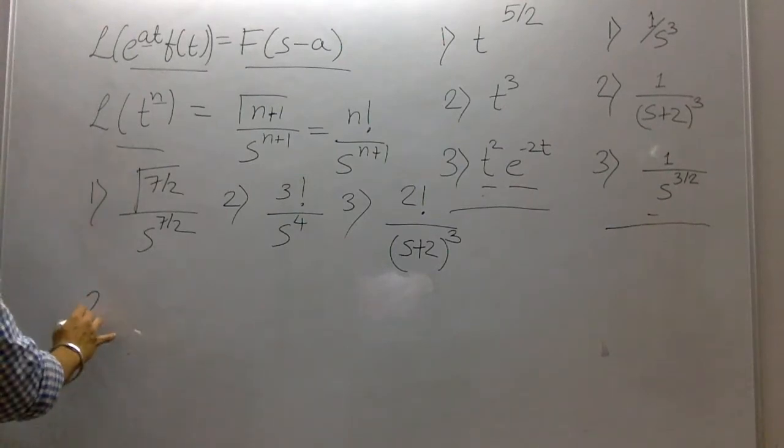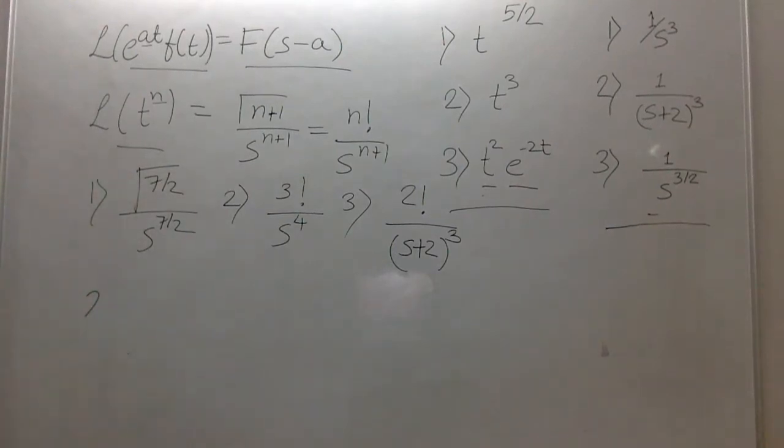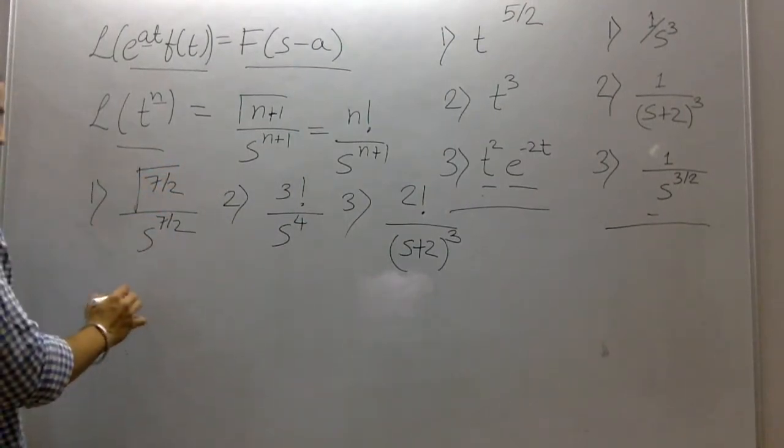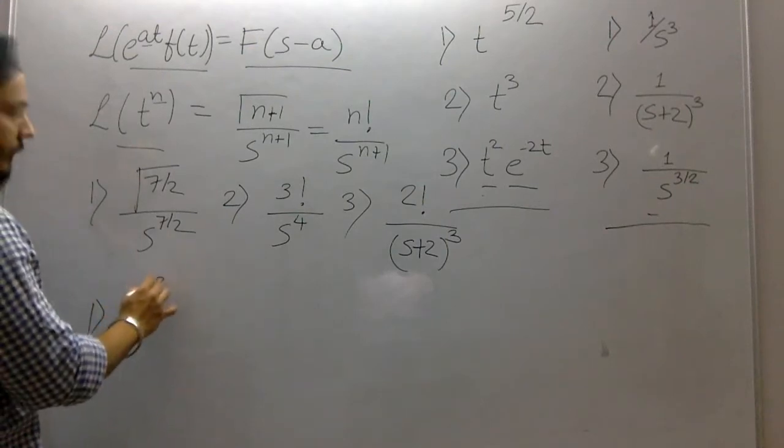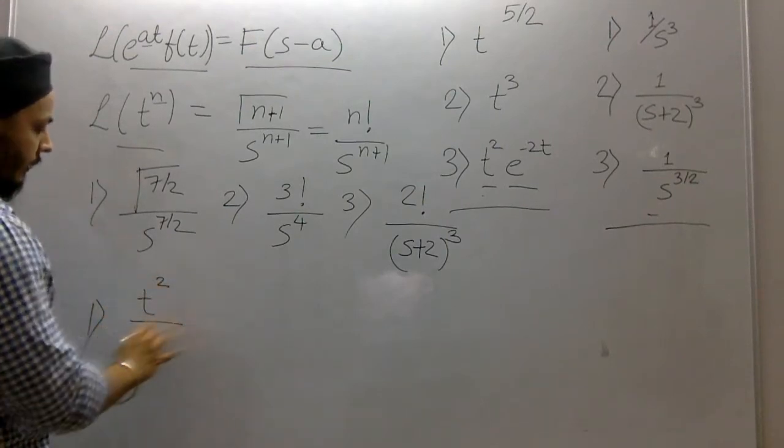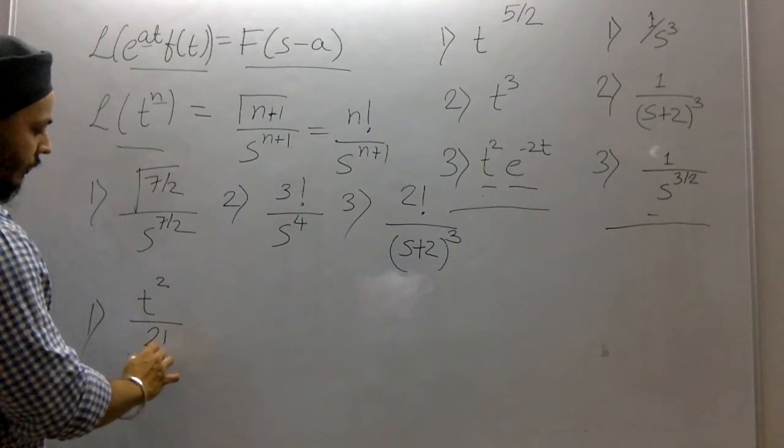Now for the inverse part, that is the inverse Laplace transformation, 1 over s to the power 3. So the inverse transformation will become t to the power 2 divided by 2 factorial.